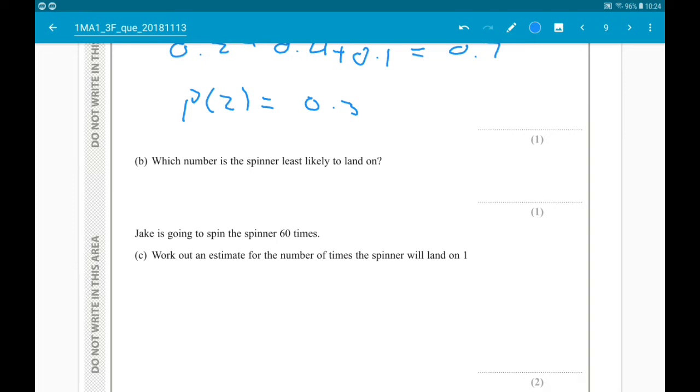Okay, then for part B, we were asked which number is the spinner least likely to land on. So that's the number with the smallest probability, so that's 4.